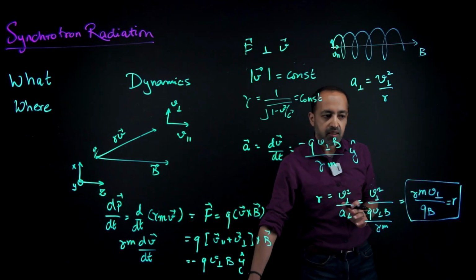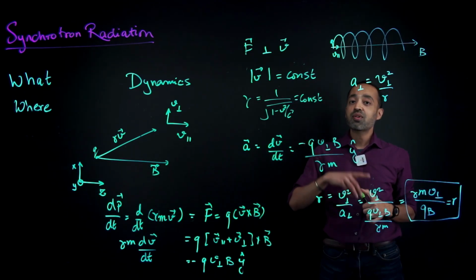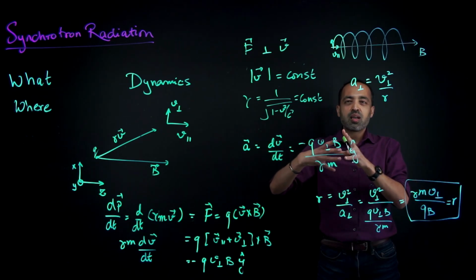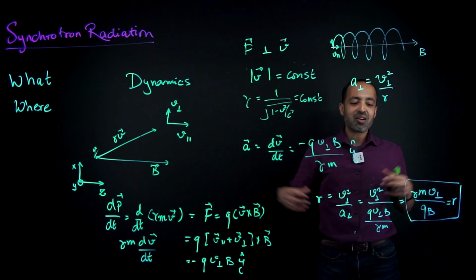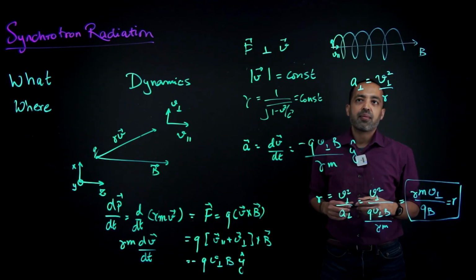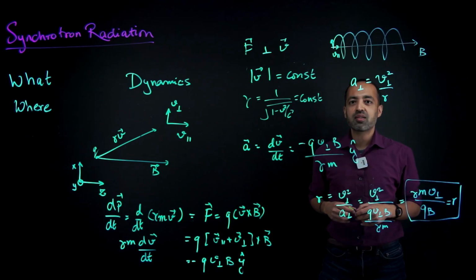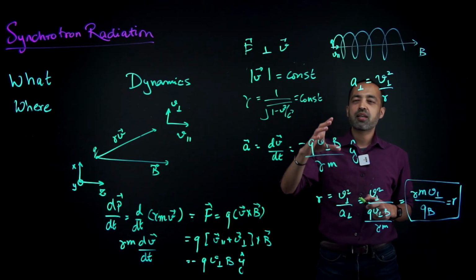So just to keep in mind, this radius is not the radius of curvature of the path, because that depends upon how stretched this spring, how stretched this coil is. And that'll become important when we talk about the relativistic beaming effect that is going on in the radiation process a little bit later.